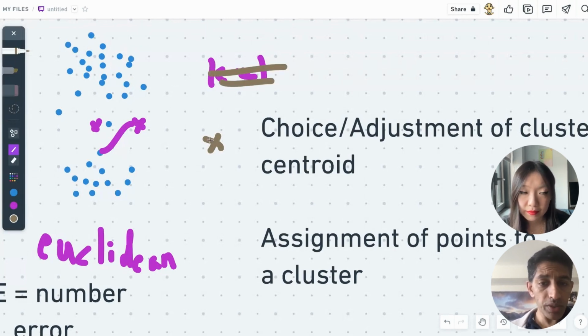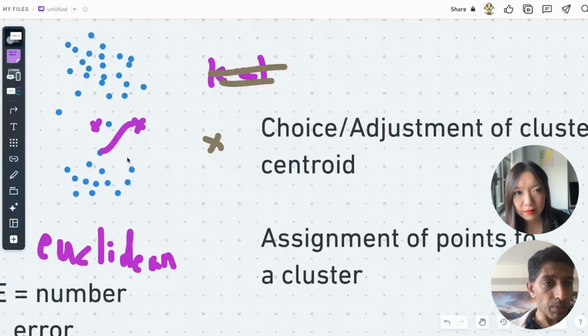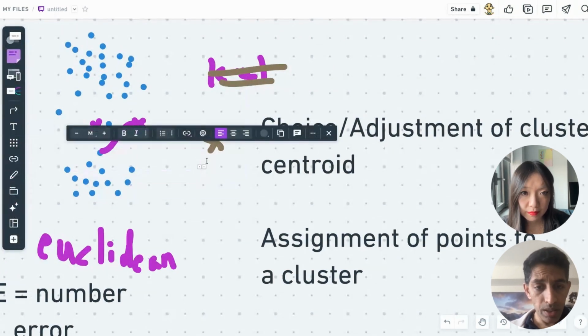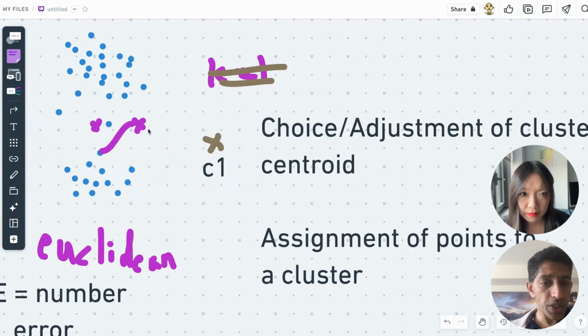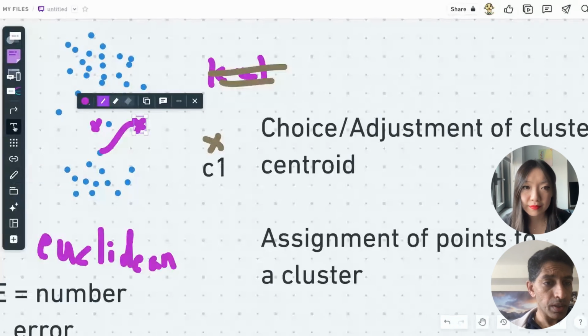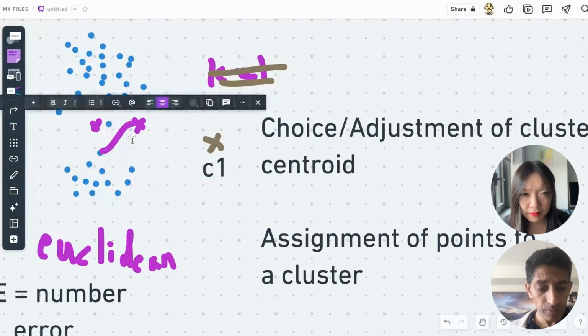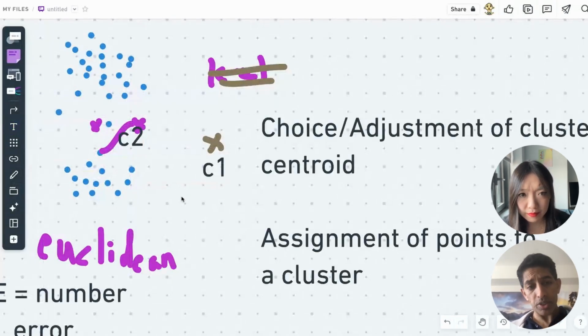K equal 2, and one of these centroids is here. I'm going to mark it up as C1, and the other centroid, let's assume for the sake of the conversation, is here, is C2. Now what happens is these centroids C1 and C2 were chosen arbitrarily, which is the first step.